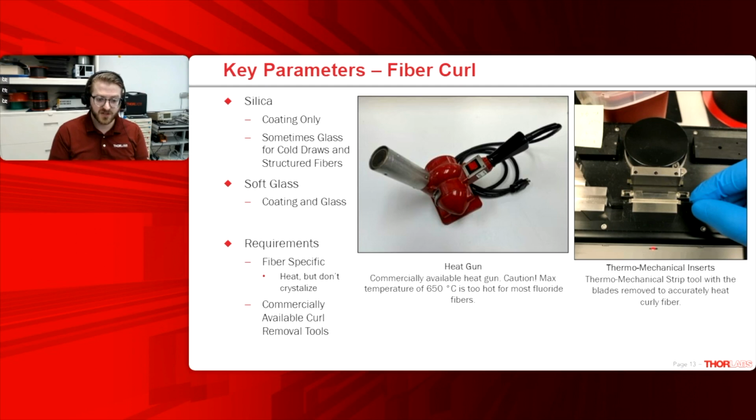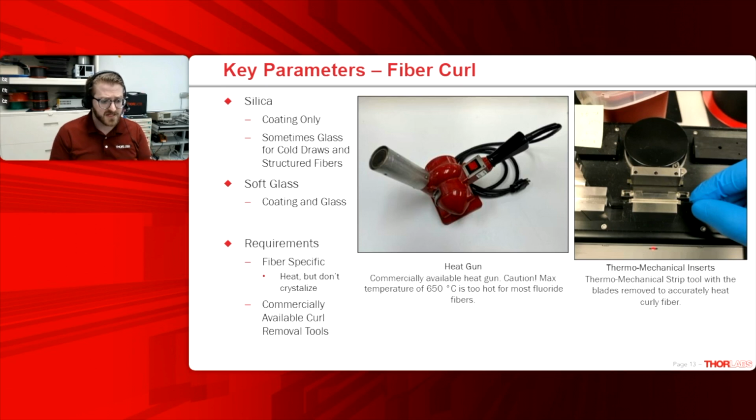So if the curl is in the coating, then it's pretty straightforward to remove with heat, either from a heat gun or a commercially available curl remover tool, which will have a channel that is heated. If you're working with soft glass, be careful with solutions like that. I know a heat gun, typically the heating element can get up to 650 degrees Celsius, which is way too hot for at least fluoride fibers and many other types of soft glass fibers.